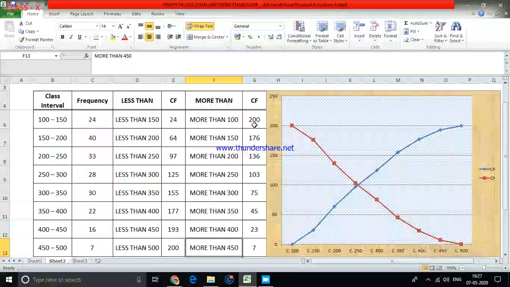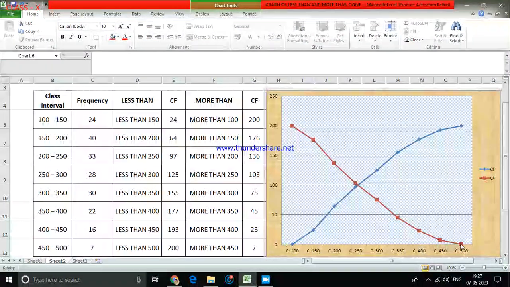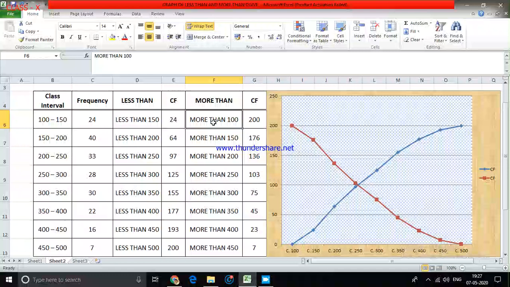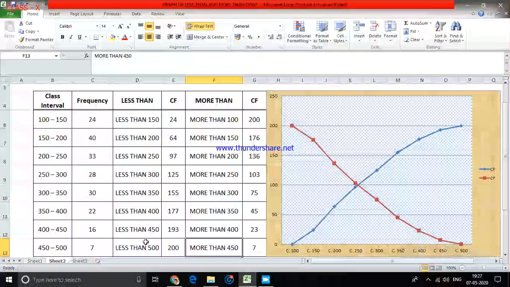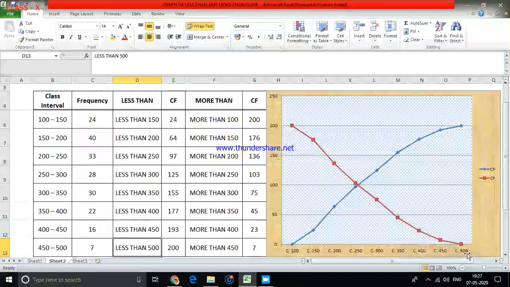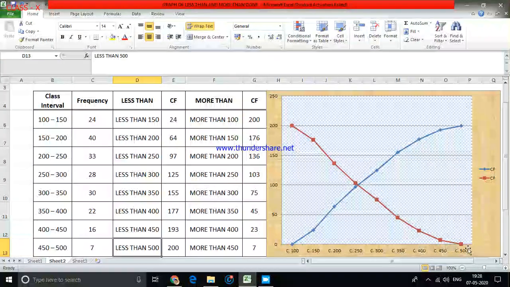That's why I started from 100 here and ended with 500, because 100 I required for the more than type, even though it is not required for the less than type. In more than type it is ending with 450, but for less than type I required 500, so that's why I go till 500. So when you do less than and more than type together, you have to be careful from where to where to consider.